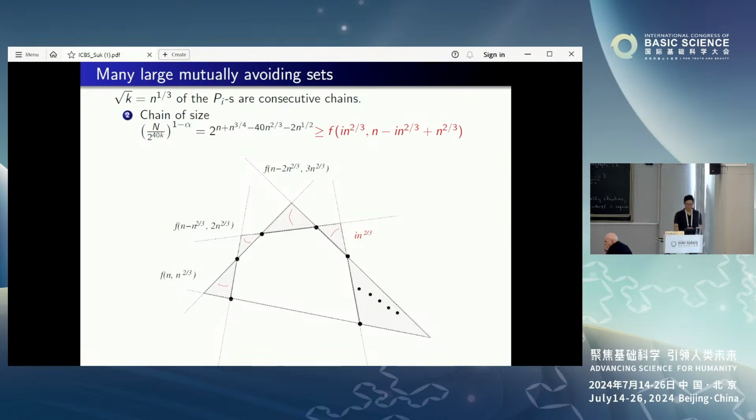and the chains roughly are going to be have three inner.